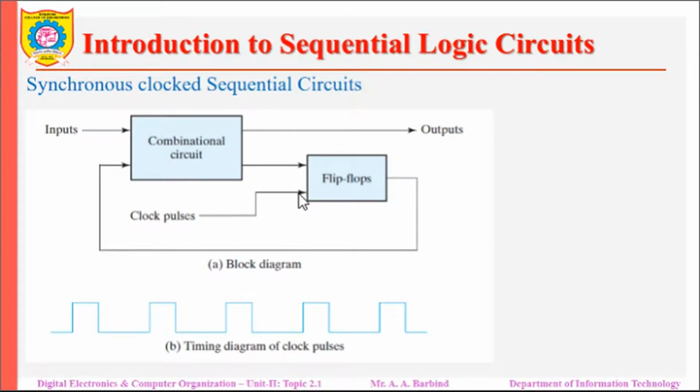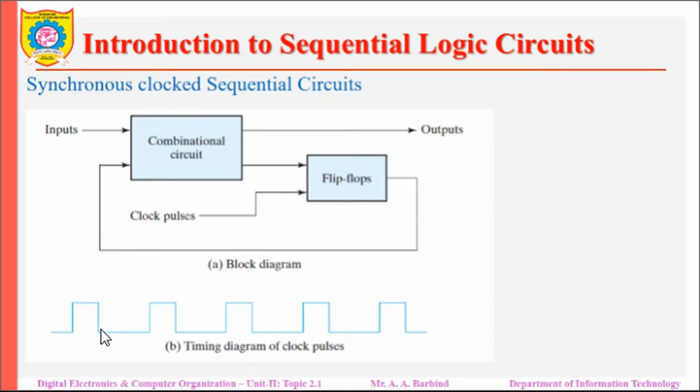When the clock pulse is available, only then will the memory elements, which are nothing but the flip-flops, change the state. Otherwise, in the absence of the clock pulse, the flip-flops will not change their state.